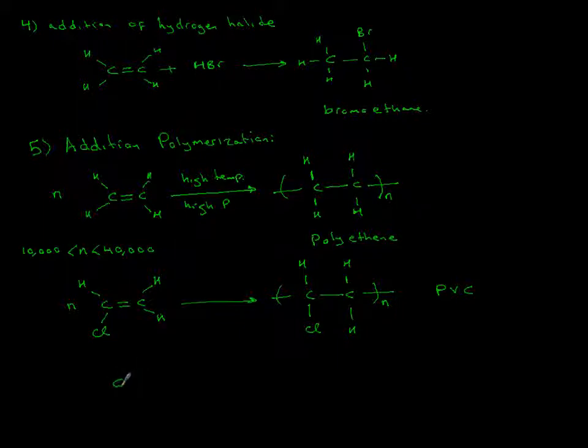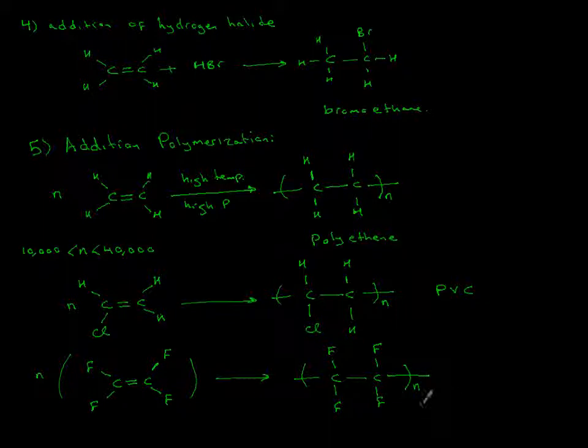And the final example I'd like to go over is if you take tetrafluoroethene, you will produce something that commercially is known as Teflon, extremely unreactive, and you have it as the surface of the pan that you cook in. This Teflon is a trademark of DuPont, and it's highly unreactive. So those are the typical reactions of alkenes.